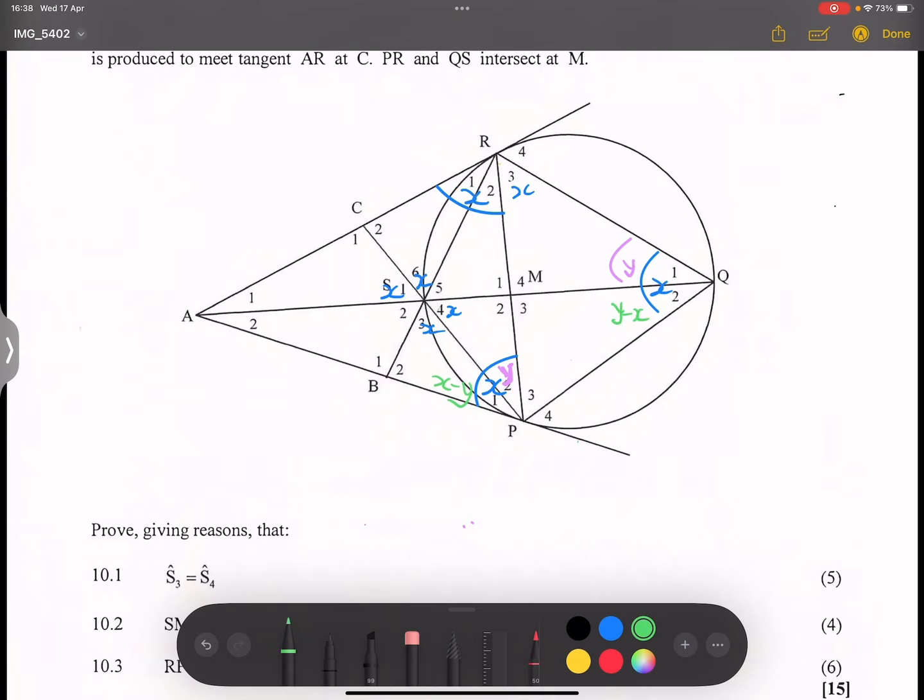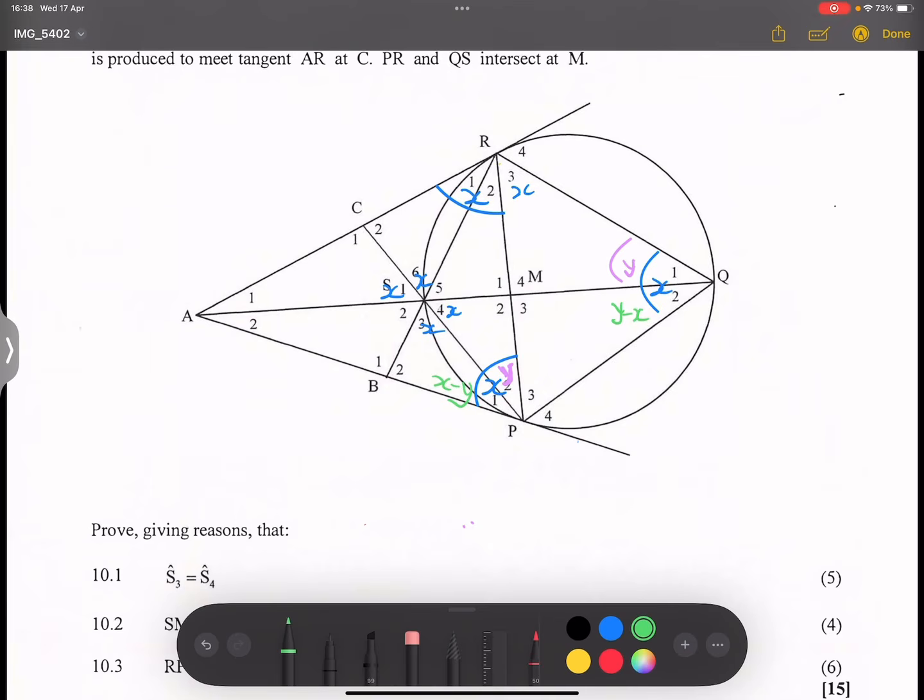Now, ladies and gents, please, I want you to stay with me and listen very carefully. If I'm going to make that angle y, which means if I look into the triangle, let's see, which triangle can we go into?